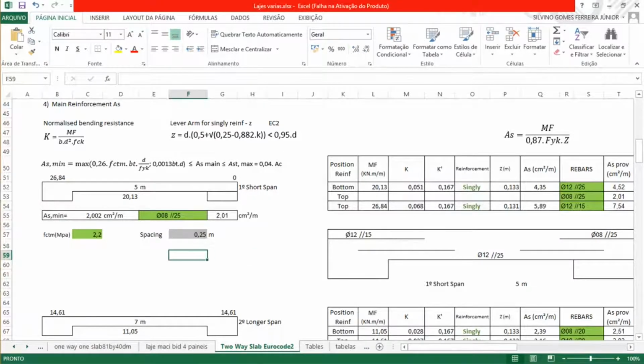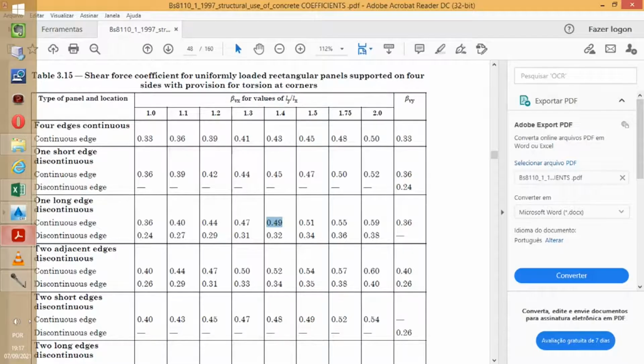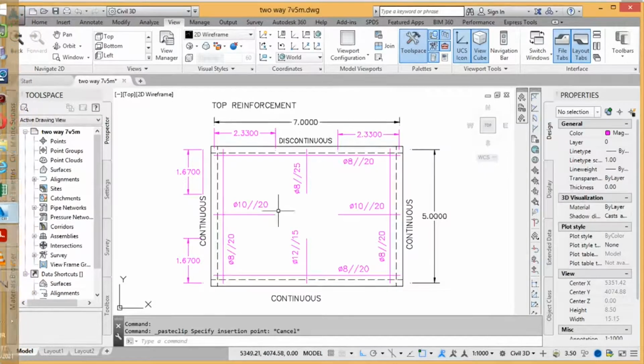These distribution bars are usually 20%, 0.20 multiplied by the steel that was here on the bottom, 0.87. So we will use this minimum for distribution bars, diameter of 8 spaced by 25 cm here on the detail of the iron rods.